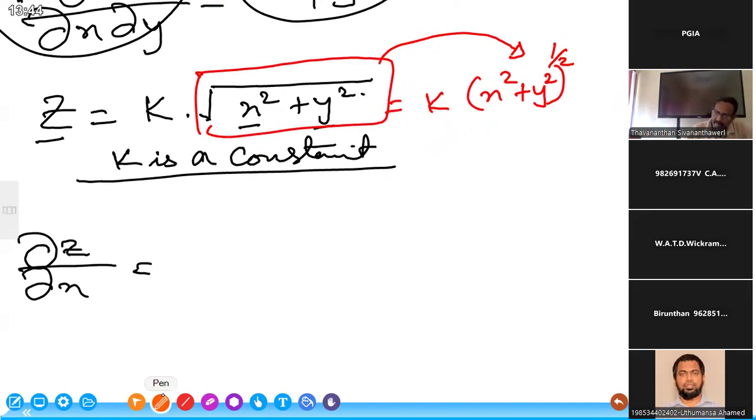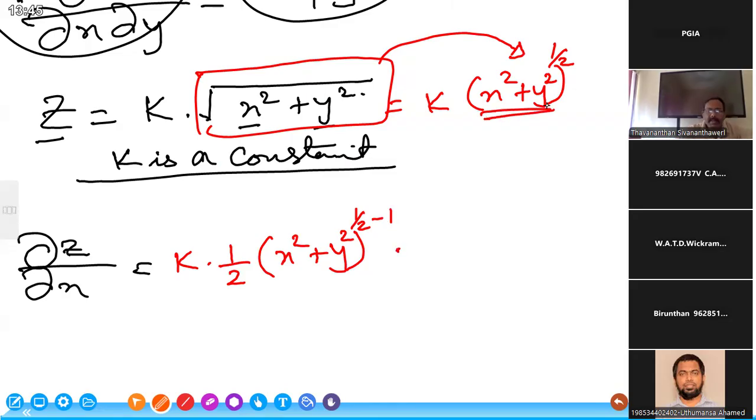So we have k multiplied by half into x square plus y square. We are applying the chain rule. Half minus 1 into differentiate this component which is inside with respect to x into 2x.